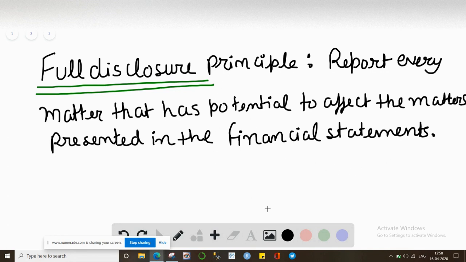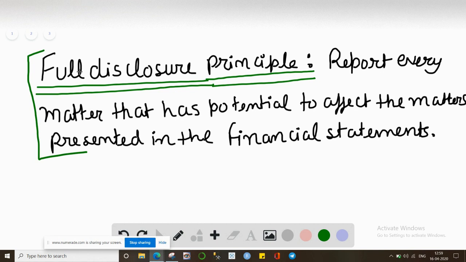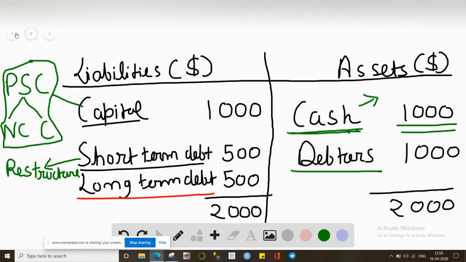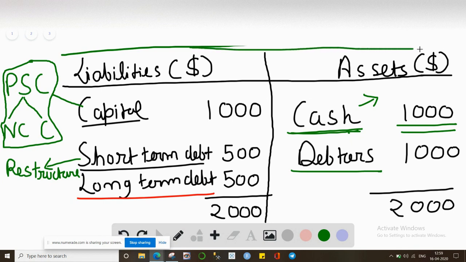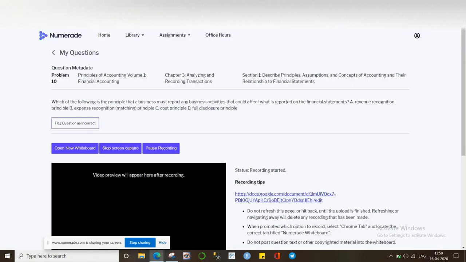So for this problem, the accurate explanation is the literal meaning. However, we can also use a different example to understand the same thing, but for now this example will be more than enough.